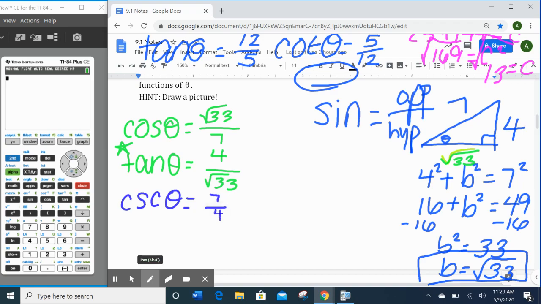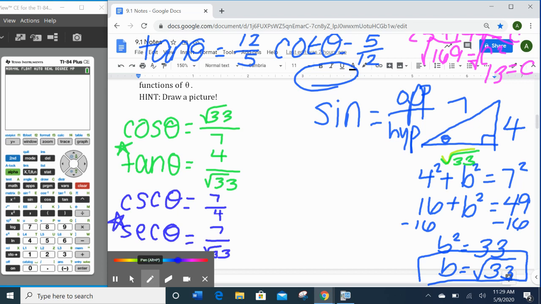Hypotenuse over opposite. The secant is hypotenuse over adjacent, or the reciprocal of cosine. So if the cosine is root 33 over 7, the secant is 7 over root 33. Which then I am going to need to simplify, rationalize the denominator, but I'm going to go back and do that in a second.